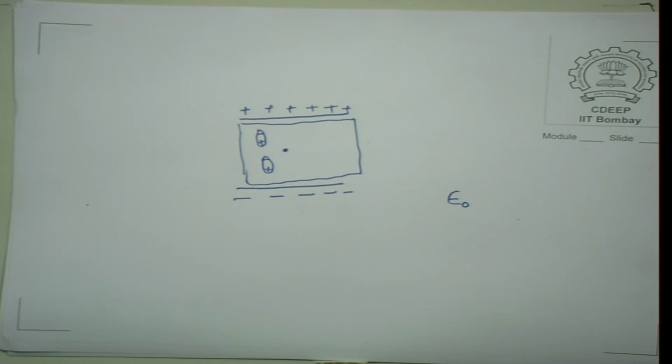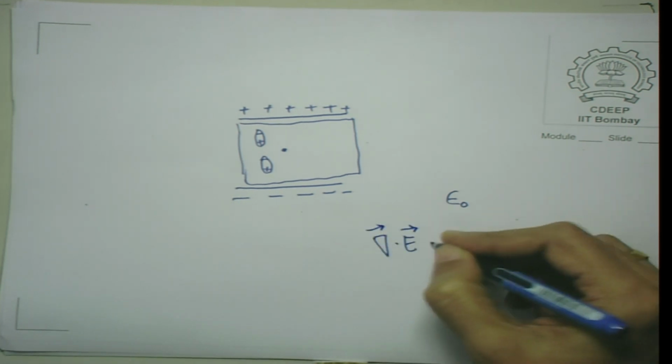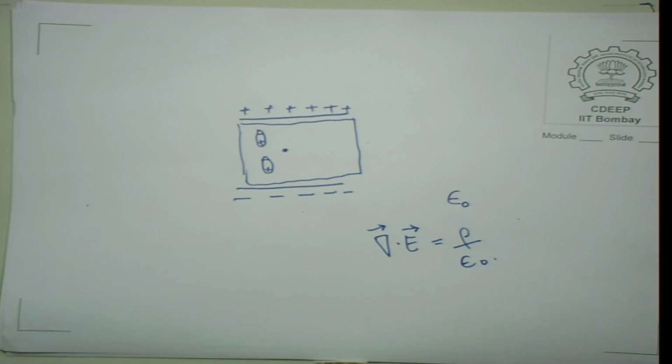So, if you consider only the external charges and try to get the electrical field in free space, you obtain it using the formula in point form, applying this law to compute the electrical field in free space.